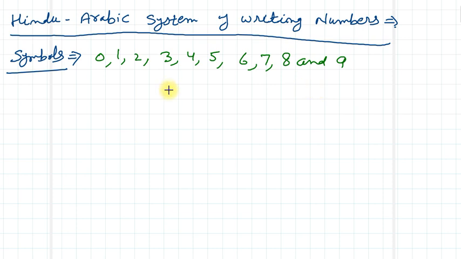So what are these symbols called? These symbols are called digits, right students? When we use 0, 1, 2, 3, 4, 5, 6, 7, 8, these are symbols. These symbols are called digits, right?